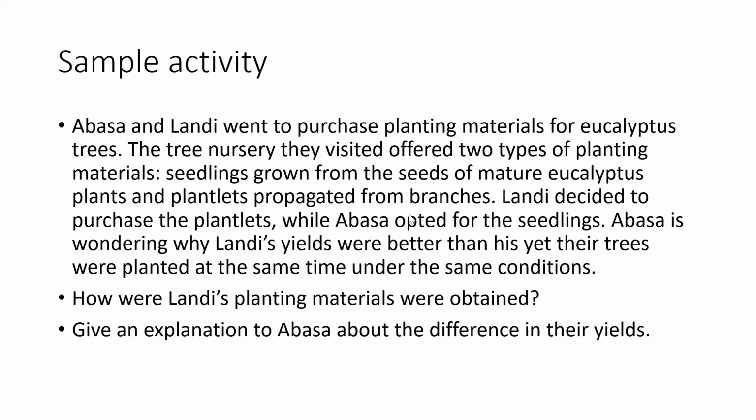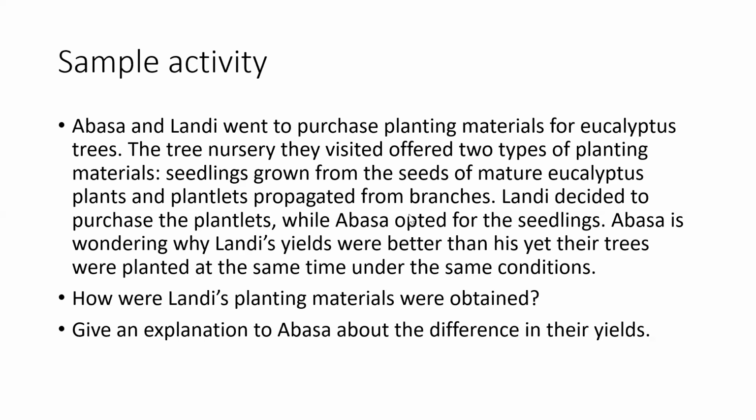Okay. Only just that. You're supposed to give a description. When you find such a question, you give a description. How are they got? How is the new plant got? So answer it along those lines. And then give an explanation to Avasa about the difference in their yields. Landy gets better yield.